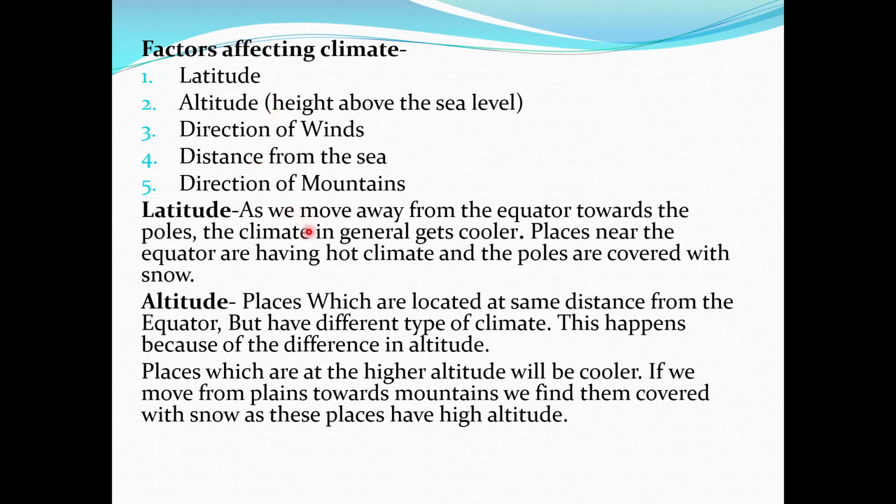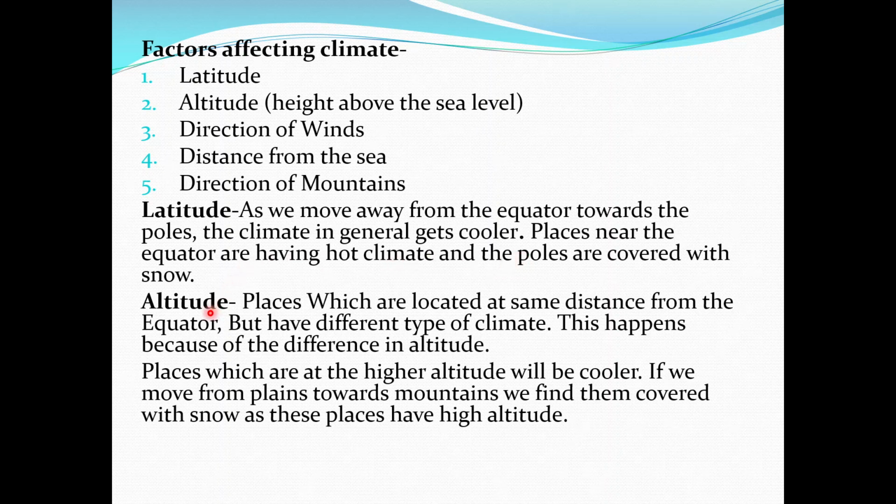When places are near the equator, they get maximum heat, so they have a hot climate. As we go towards the poles, the climate gets colder, and at the poles it is coldest and always covered with snow.